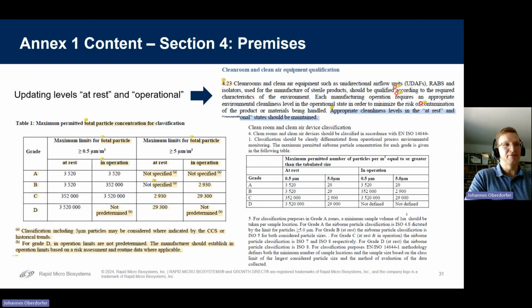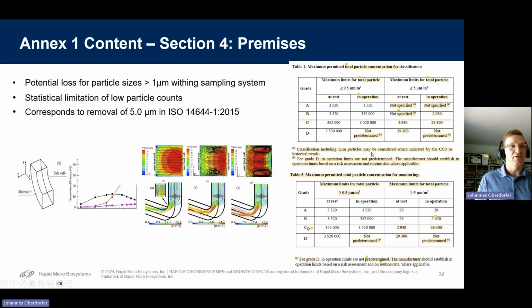Then cleanroom and clean air equipment qualification. I already mentioned this at the beginning, and it is mentioned here with the different explanations. Just to note that on the right side, we have the snippet of the 2008 version, and on the left side, we have the 2022 version of the Annex 1. Then the total particle concentration is also mentioned, and also the potential loss of particles within sampling systems.